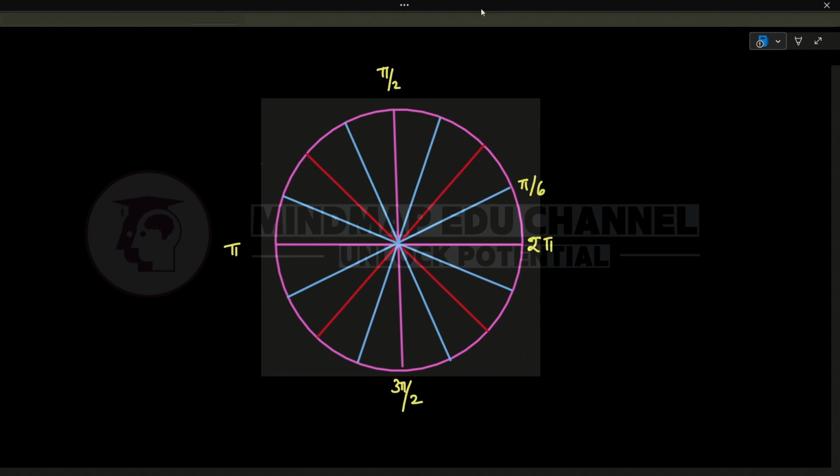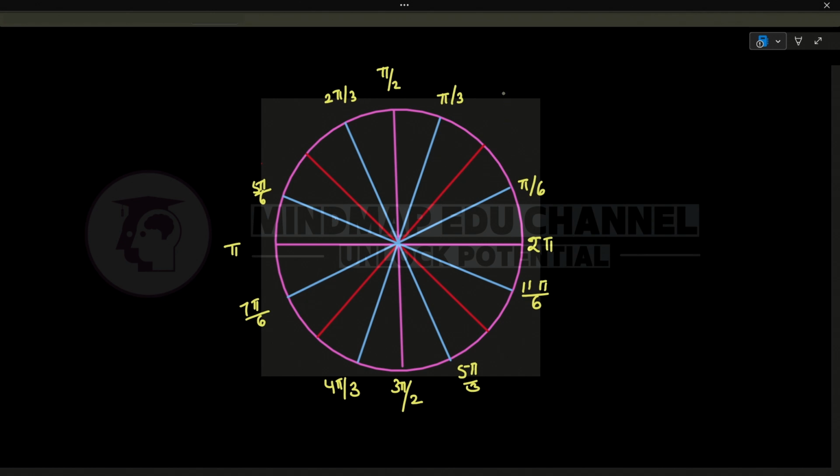Then comes pi over 3. Then comes 2 pi over 3. Then 5 pi over 6. 7 pi over 6. 4 pi over 3. 5 pi over 3 and 11 pi over 6.